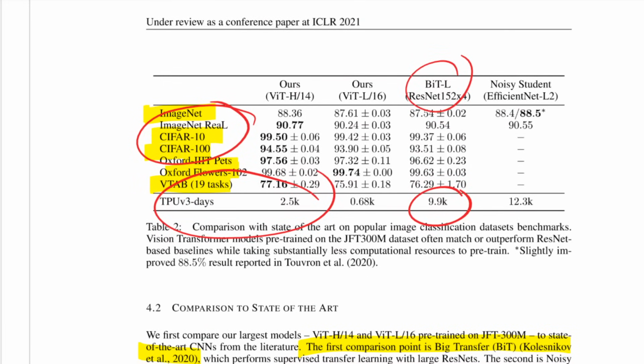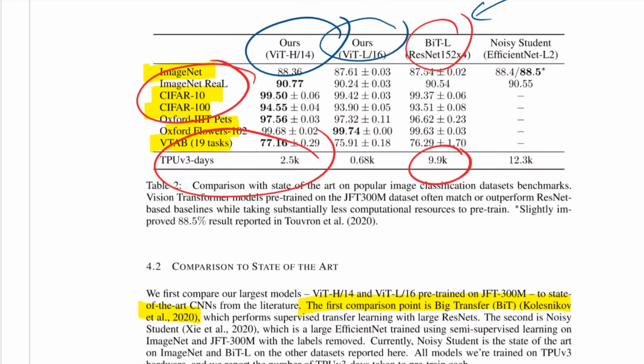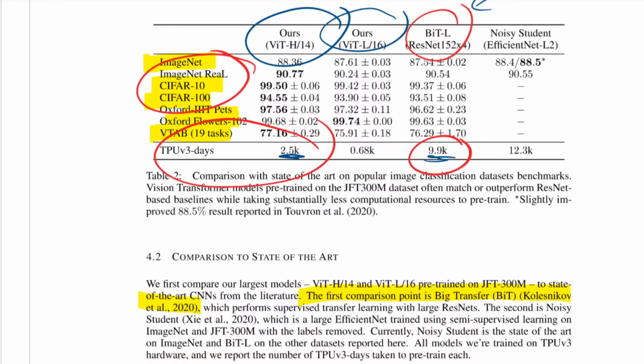But the experiments show, as you can see right here, that this vision transformer outperforms the convolutional networks by a pretty significant amount, sometimes small, but sometimes also large, and costs less to train than these big convolutional networks, at least of this one other paper, right? So it costs less to train.